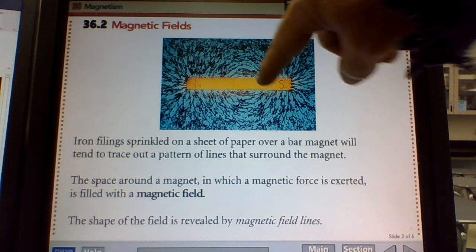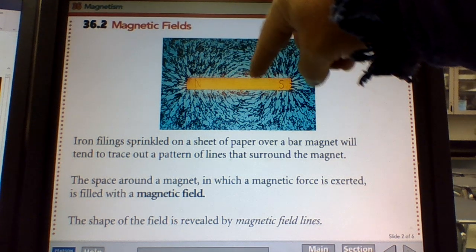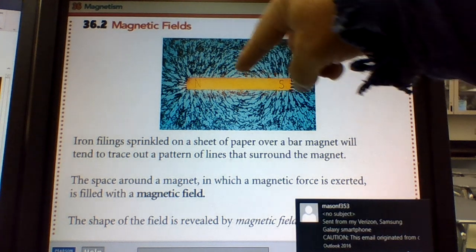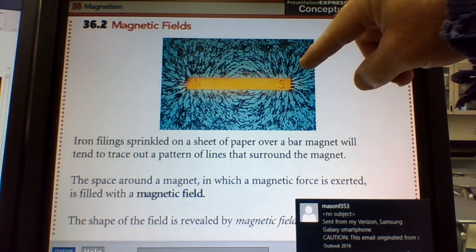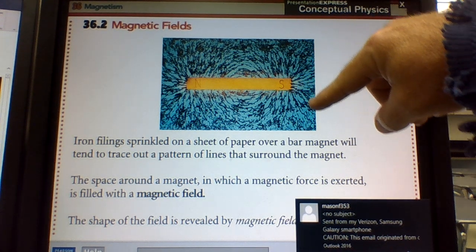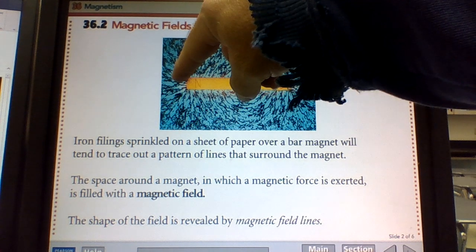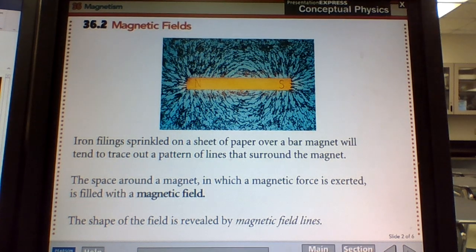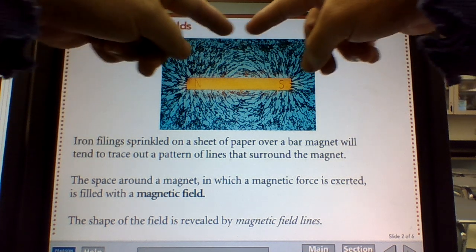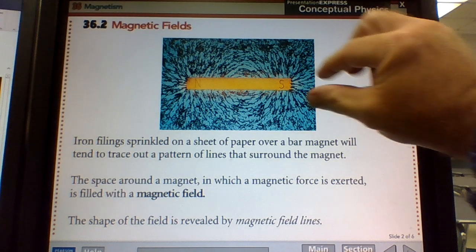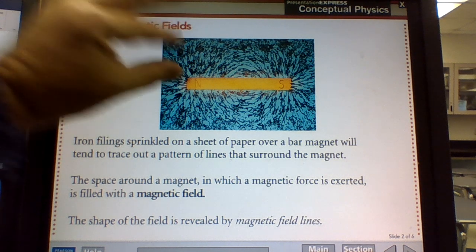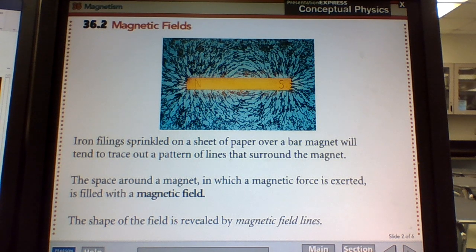And what we see is this definite pattern. It's almost circular here in the middle, and then it has a much larger amount to it there that becomes circular and comes back around up here. It's very concentrated at the ends because this magnetic field is always stronger by the poles.